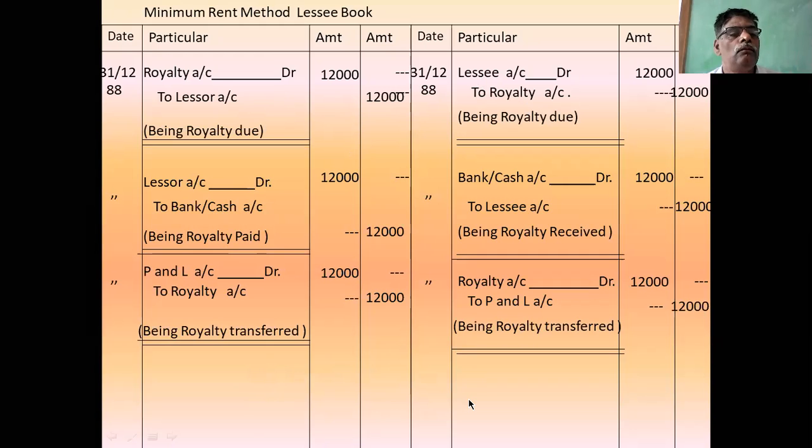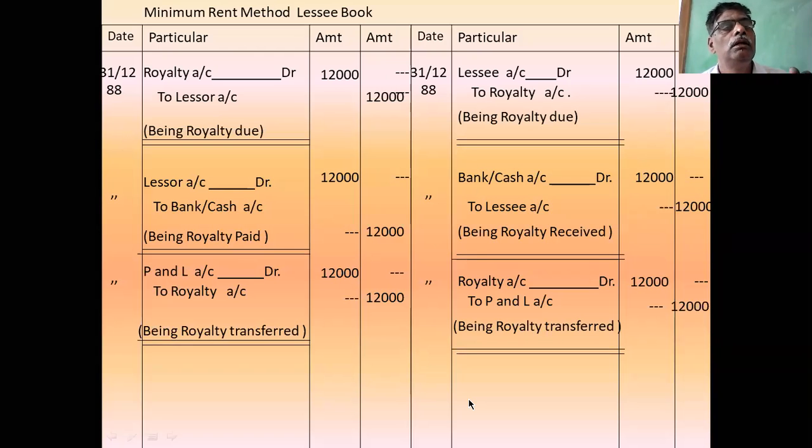Okay. One more problem I'll take on this method tomorrow. Tomorrow I'll take one another problem, that is exercise number 14. I'll solve it tomorrow. Only 2 problems are based on minimum rent method in this book, and these type of problems are rarely asked.